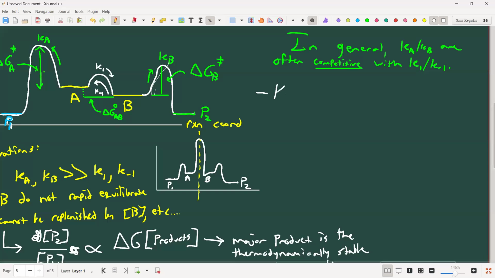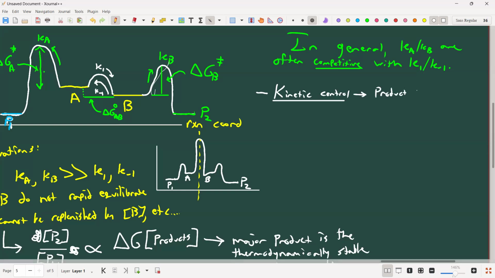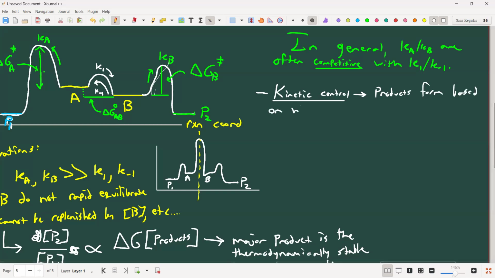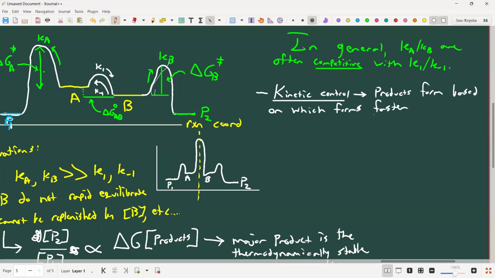Right, kinetic control, which is that products formed based on which forms faster, is promoted at low temperatures.